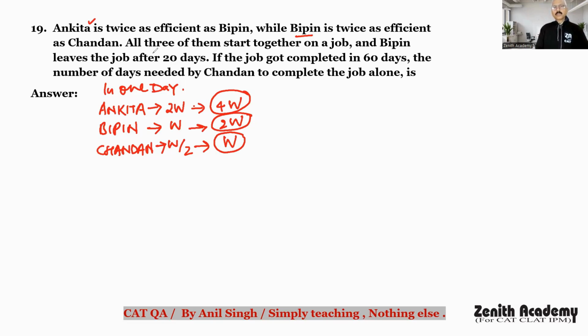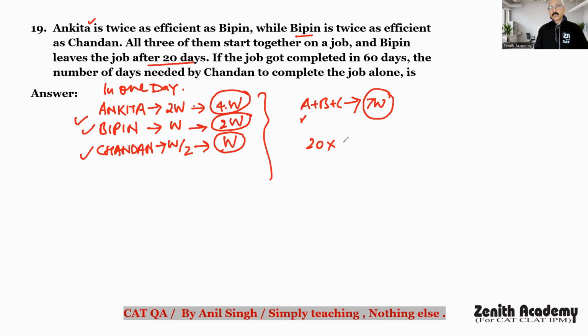Now in this question, all three of them started together. If A plus B plus C are working together, it means 4W plus 2W plus W, so daily they will finish 7W work. Bipin leaves the job after 20 days, so in 20 days Ankita, Bipin, and Chandan together will finish 20 into 7 work.